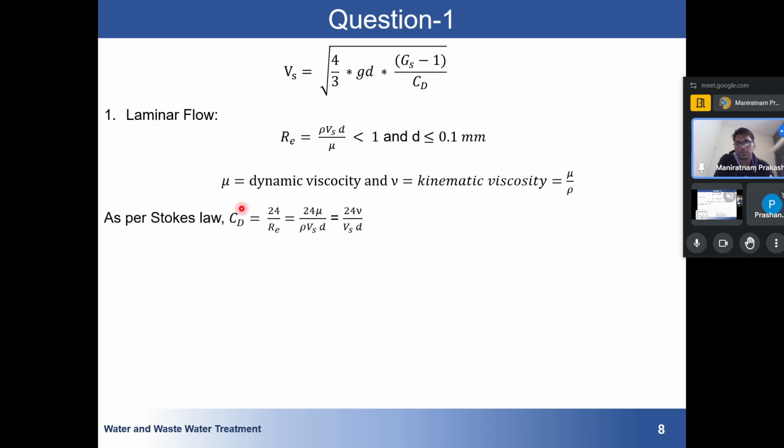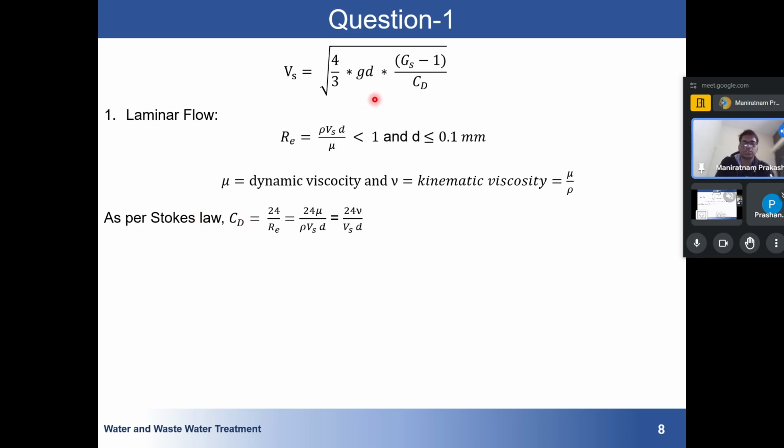For laminar flow, Stokes law is defined, and Stokes law is given as CD is equal to 24 by Re, and Re you know, rho Vs d by dynamic viscosity, or Vs d by kinematic viscosity. I can write CD in both terms, kinematic viscosity or dynamic viscosity.